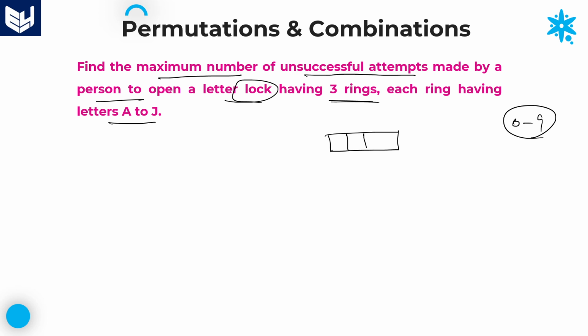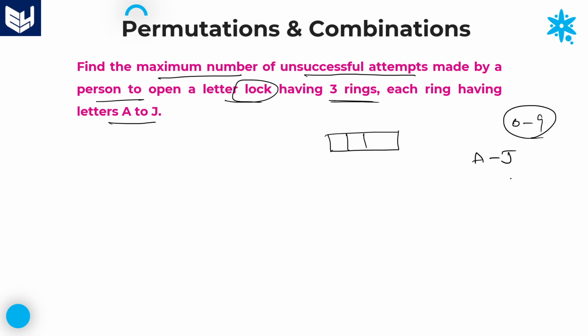There is no particular condition about that. Why? Because here we are not talking about a 3-digit number or 4-digit number, we are talking about the password. That is the reason why you can use any numbers from 0 to 9. But here we are taking the letters from A to J.